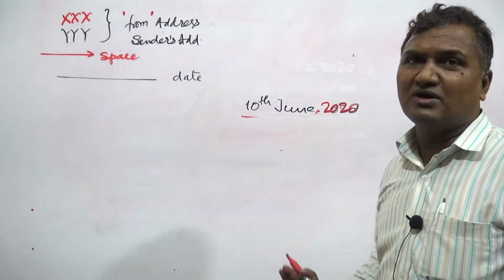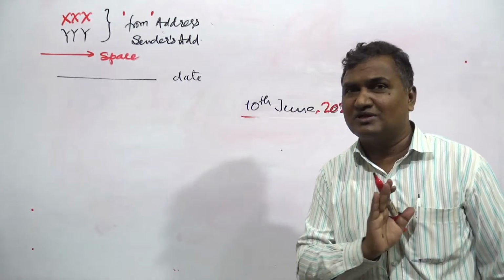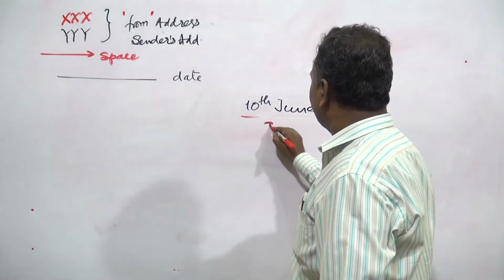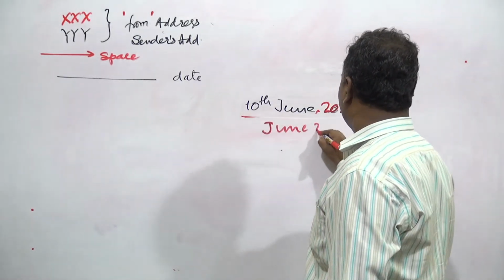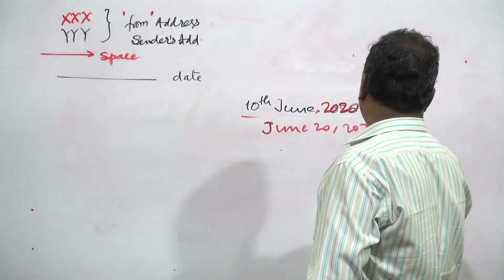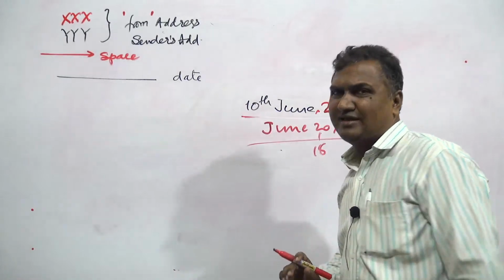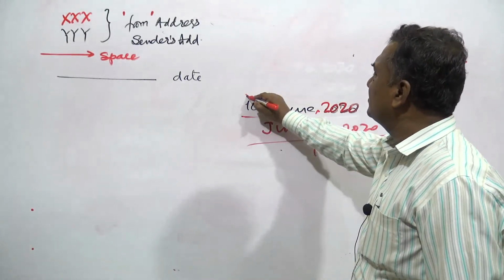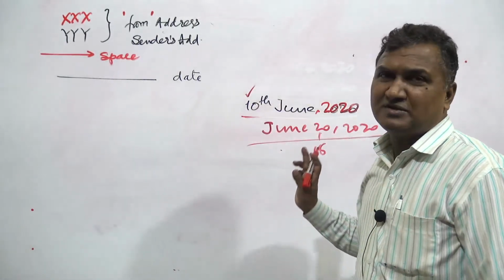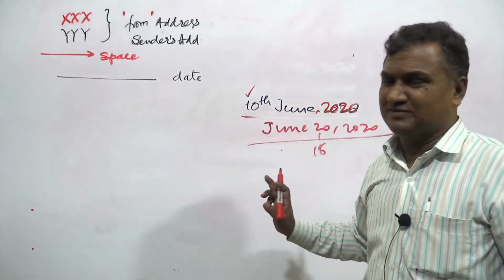Only this format you have to follow. No other format. You can write, of course, like this: June 20, 2020, or June 18, anything. But why? Let us concentrate upon one type of writing the date.